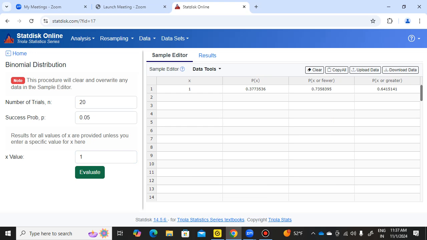And we'll do 2: 0.189, 0.925, 0.264. And the last one is 3: 0.060, 0.984, 0.075.